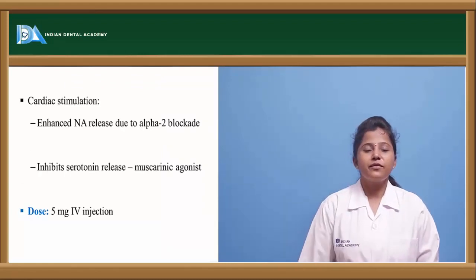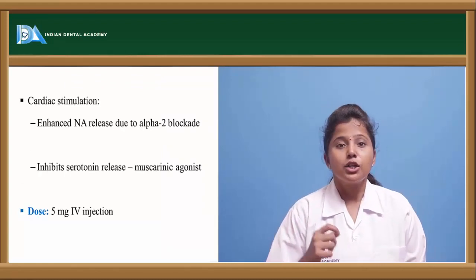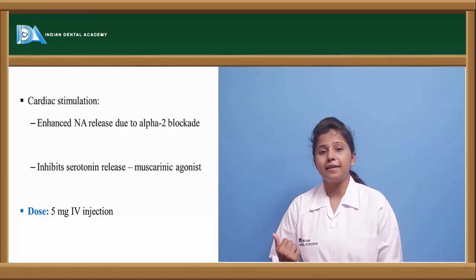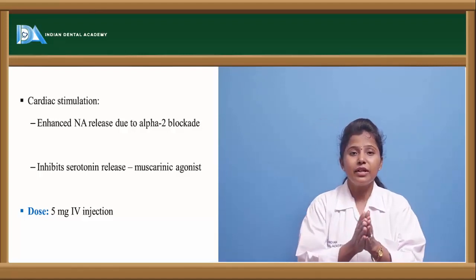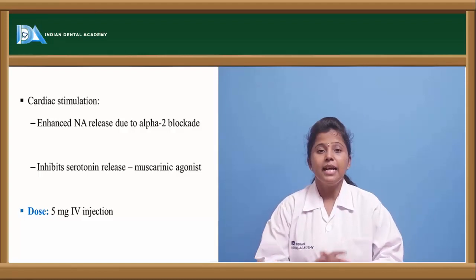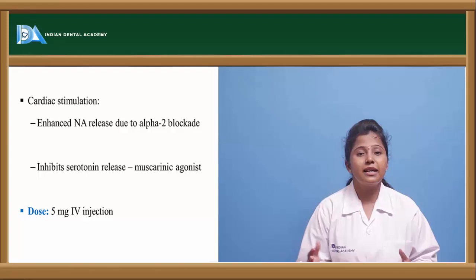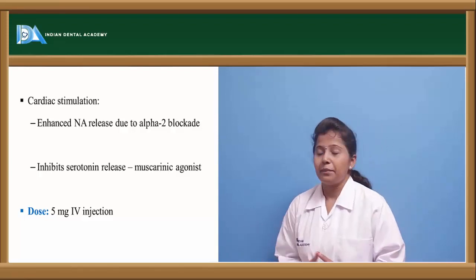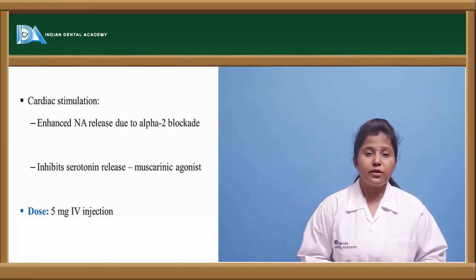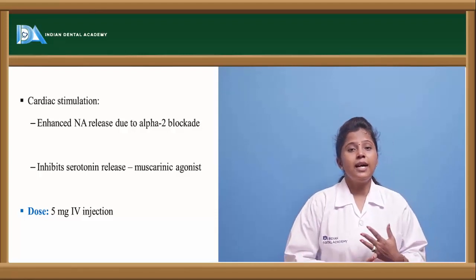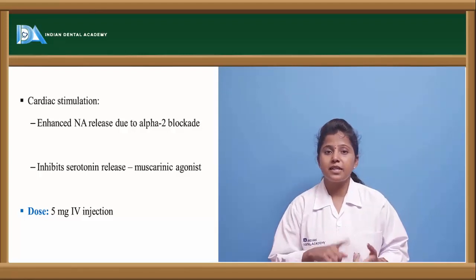The other effect of phentolamine is cardiac stimulation. There will be enhanced noradrenaline release because of the alpha blockade. If alpha receptor blockade is taking place, then the noradrenaline release will be altered, and thereby it shows the antagonistic effect. And apart from that, it inhibits serotonin release. We saw that a few of the alpha receptor antagonists even block 5-HT receptors, acetylcholine receptors and H1 receptors.